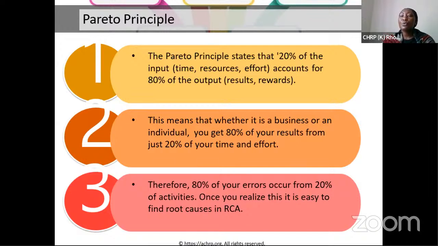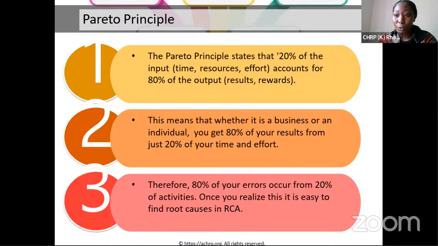So when you come to root cause analysis, how we use the 80-20 rule is that 80% of the problems we are trying to resolve could have been caused by very few elements, like 20%. If you're able to deal with the very few high priority causes of this issue, it is likely to resolve 80% of our troubles.